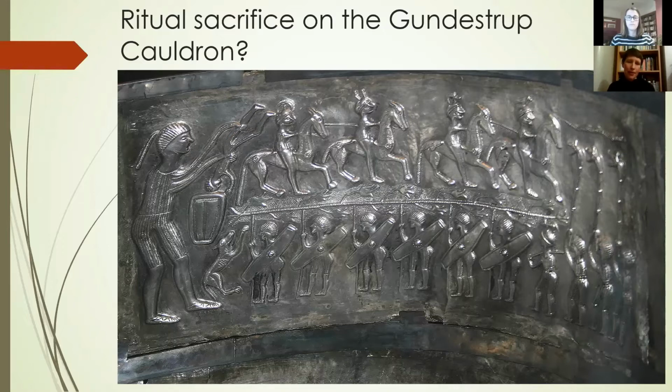So you wonder whether this notion of sacrifice, that somebody who dies by drowning comes out as one of these magnificent spirit guardians who you can see are on their horses, and they've got these little totems on their heads, such as the boar and little birds. So that's one possible reading of the image on this cauldron.